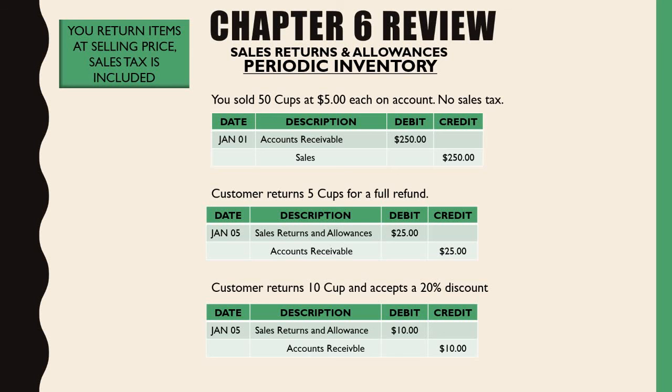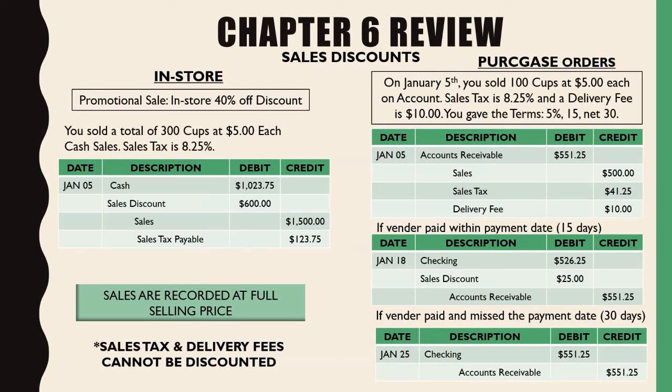So, course review, once again, we took a look at how to record a sale, and what happens when there are sales returns. And of course, we talked about the difference between recording a sales discount in store versus whether you give them terms or not. In-store sales, you're getting the money right then and there, so you calculate the discount right then and there.